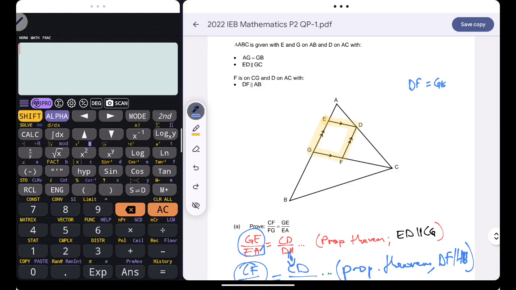So if the opposite sides are parallel and equal, that simply means DF is equal to GE. Are we together? Remember that you are supposed to find the ratio of DF over AB.